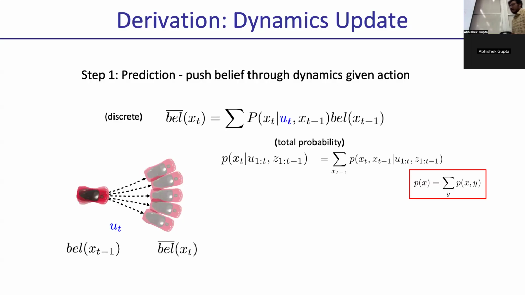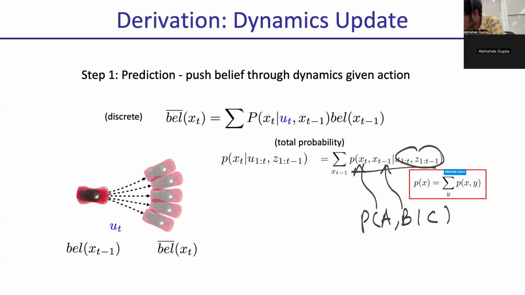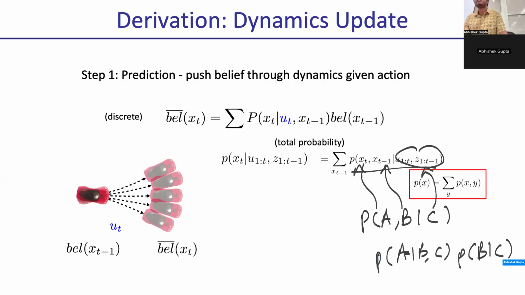Let's abstractly think of this as P of A comma B given C, where this thing is A, this thing is B, and this whole thing is C. You want to split them up into some version of P of A given B comma C times P of B given C. It's the same rule as when you have a joint: if you have P of x comma y, you can write it as P of x given y times P of y.